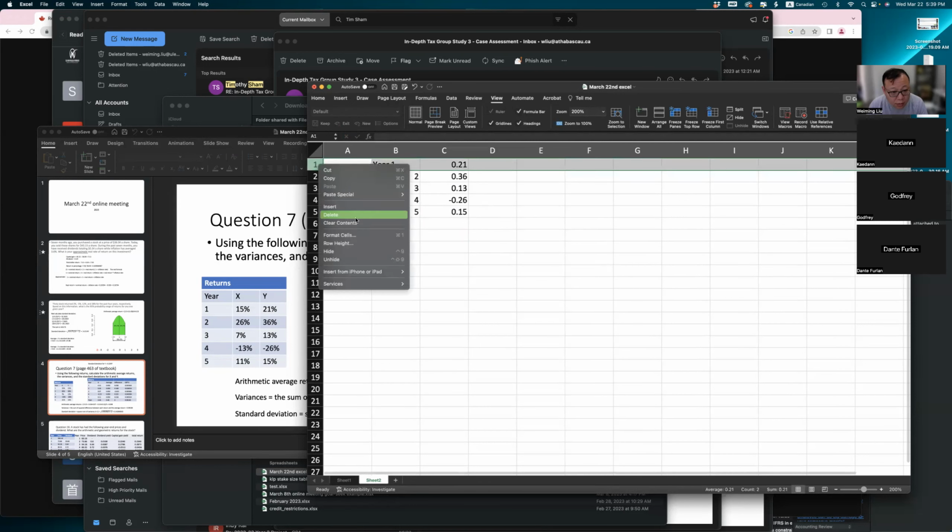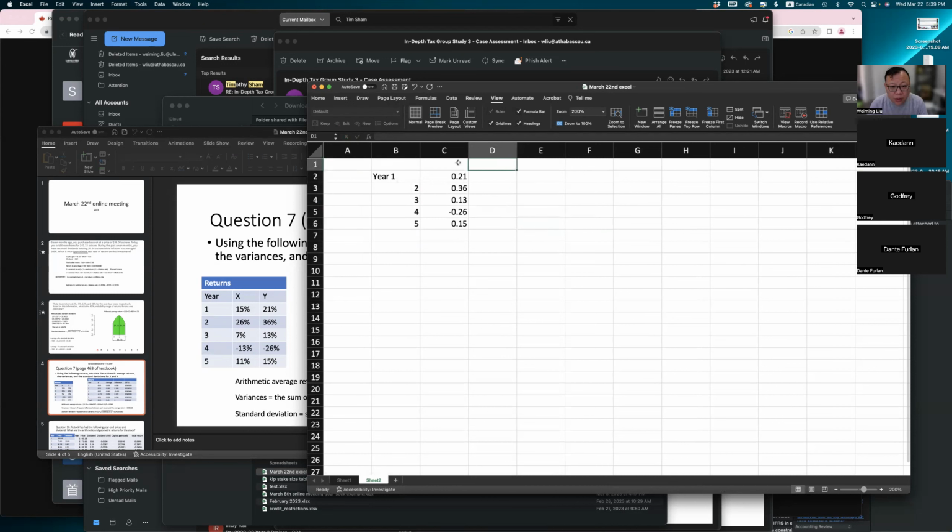So here, this is my Y return. If I need to know the mean, it's pretty easy for me to do. I do a sum, I'm going to go like this and divide it by 5, right?